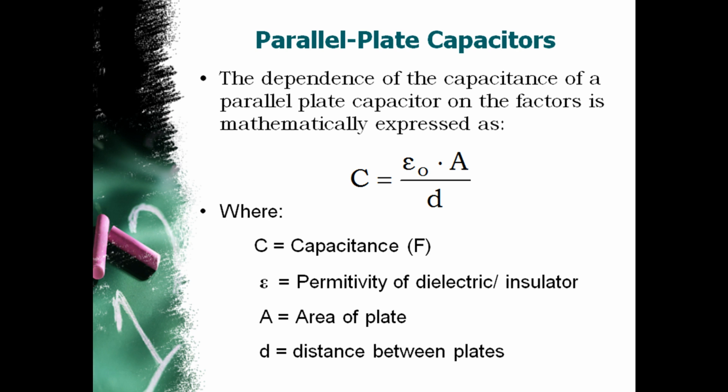So kindly look at the formula where C is the capacitance, A is the area of one plate in square meters, and d is the distance between the plates in meters. And this Greek letter epsilon, that looks like the letter E, is the permittivity of the insulating material or the dielectric.